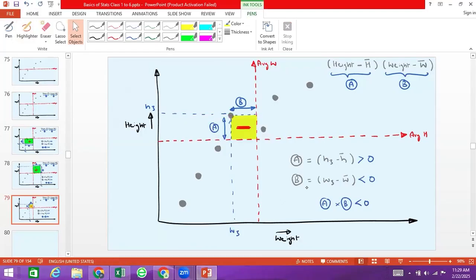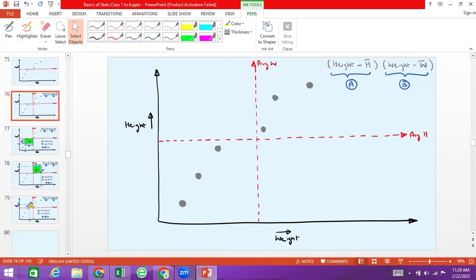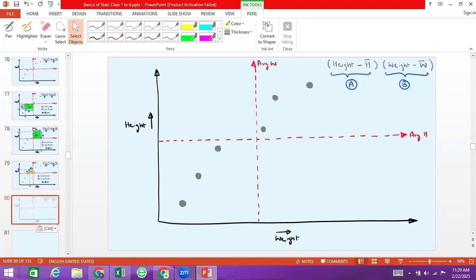Okay, now let's see what this quadrant will project, whether it will project a positive area or negative area. Let's say I have another point. This being again the A. This much being B. Let's call it H4.